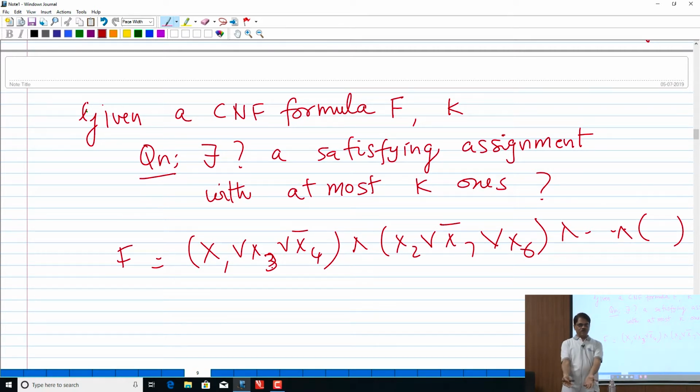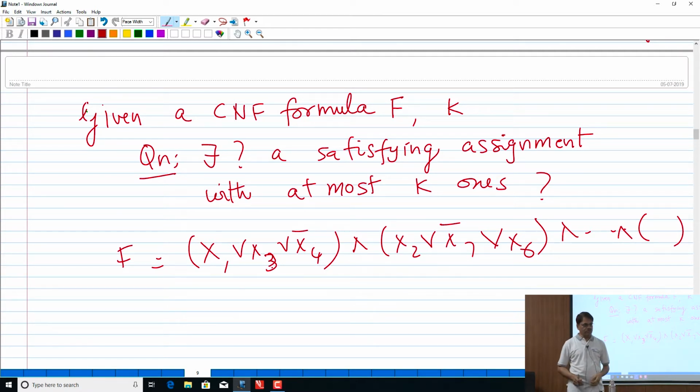But here I am talking about a formula where the size is unbounded. No bound on the length of each clause. Okay? And here I am asking for, is there an assignment of weight k, setting at most k ones, that satisfies everything. Do you see the difference? When the sizes are bounded, it is FPT, a very simple branching algorithm.